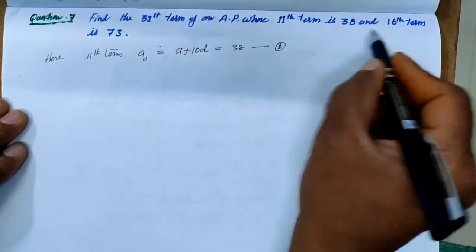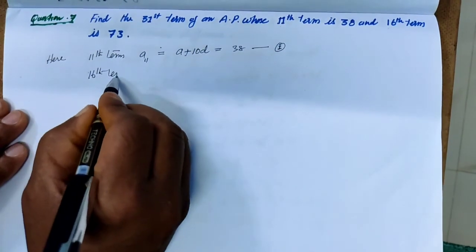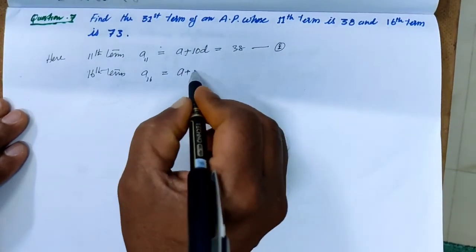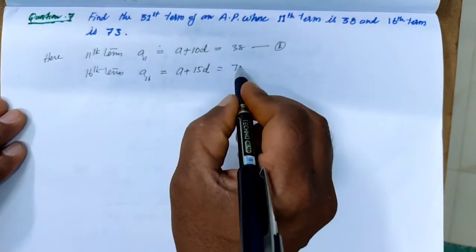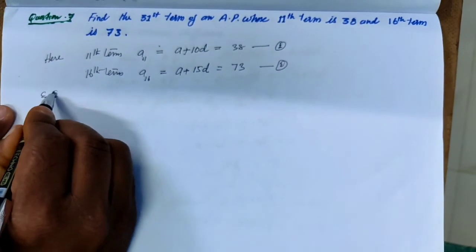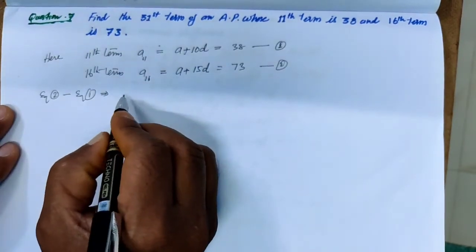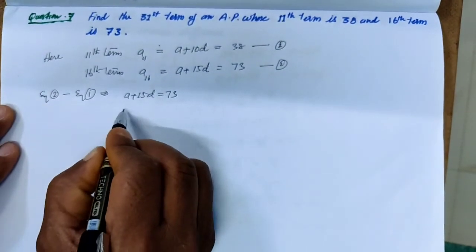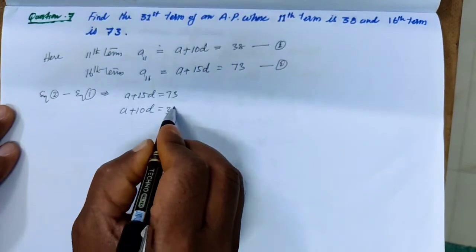And the 16th term is 73. The 16th term, a plus 15d, we can write. So that is 73. So this is equation 2. Now equation 2 minus equation 1: a plus 15d is equal to 73, a plus 10d is equal to 38.